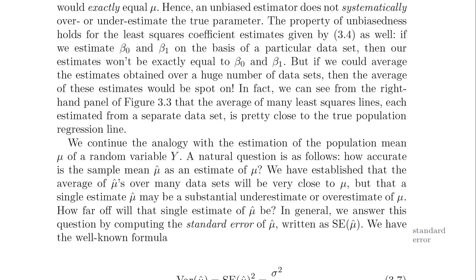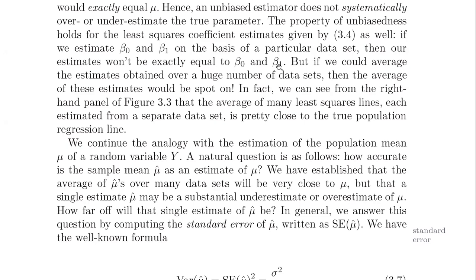The property of unbiasedness, something that's not biased, holds for the least squares coefficient estimates, given by 3.4 as well. If we estimate beta naught and beta 1 on the basis of a particular data set, then our estimates won't be exactly equal to beta naught and beta 1, right?